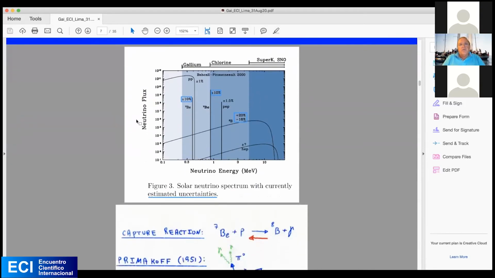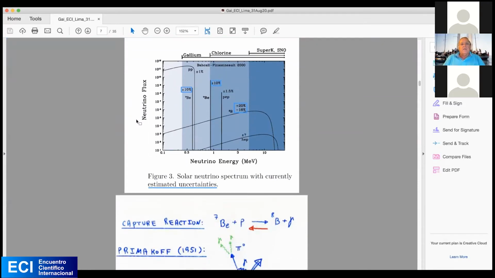In the year 2000, it was clear that we now have a standard solar model, but we had a problem. The error bar on the neutrino fluxes, this will be the boron-8, this will be the beryllium-7, and this will be the pp. The error bar was too large. 20% is not a reasonable error.